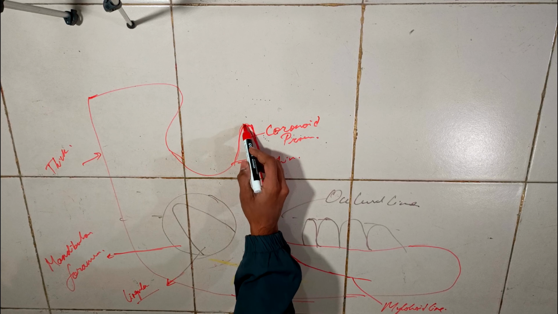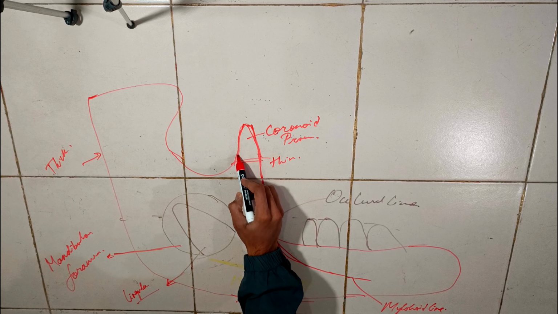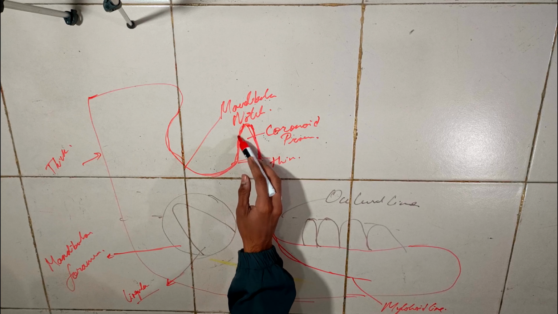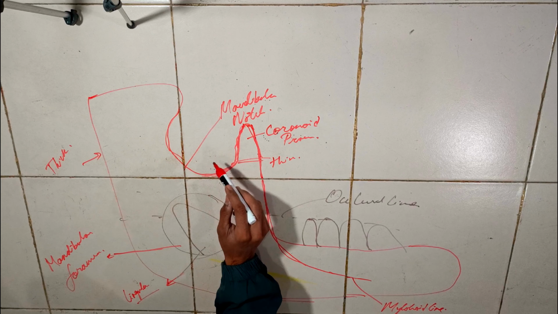The posterior border bounds the mandibular notch. As I had told, this is the mandibular notch. So the posterior border of the coronoid process bounds the mandibular notch.